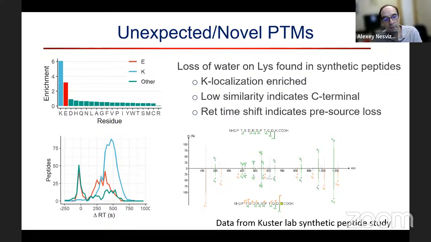So it's very useful. We have an example here of finding some interesting mass shifts in a synthetic data set from Bernhard Kuster's lab, where with the help of PTM-Shepherd, we were able to distinguish one particular modification from a neutral loss of 18 that's typical in this data, and actually locate it to a C-terminal lysine, which we think is a cyclization effect.